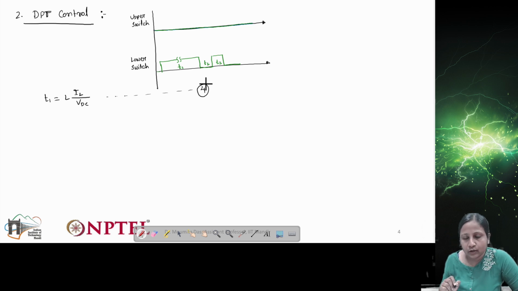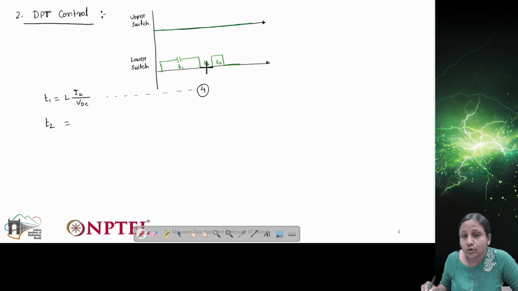Once we have the value of T1, then we have to find out T2. T2 is the off time. So how can we calculate T2? T2 should be such that the device should commutate properly, meaning the device should turn off completely in this duration.